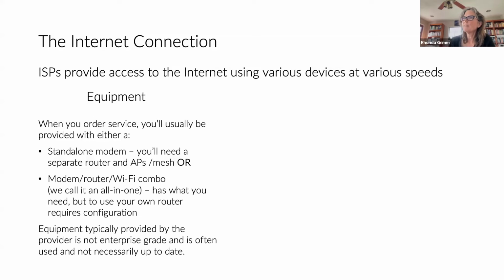The trouble with these all-in-one devices is they're typically not enterprise grade. They're usually the most cost-effective thing the provider can find. They're not necessarily up to date. In fact, they're frequently out of date and not up to the latest standards. So in some of these AV installations, you're not going to see the combo unit. You're going to use your own dedicated router.